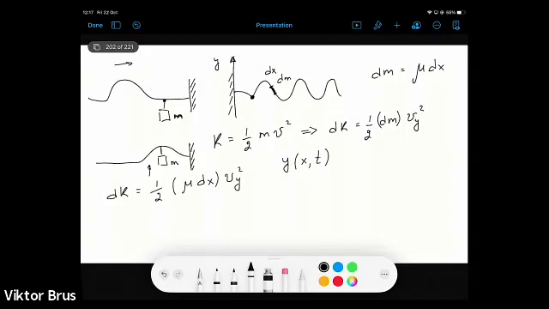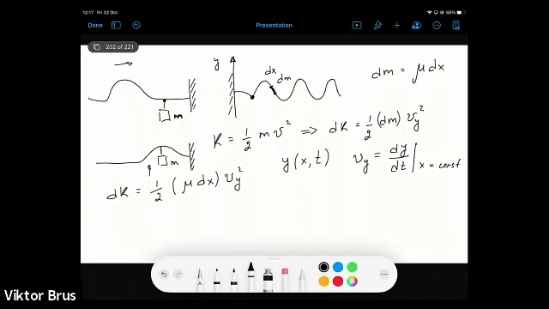So velocity along axis y is given as partial dy over dt at x equal constant.